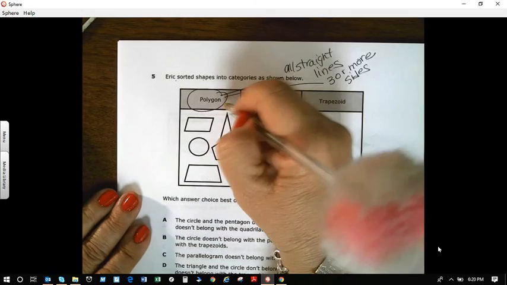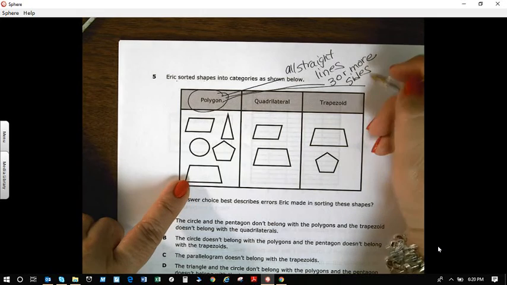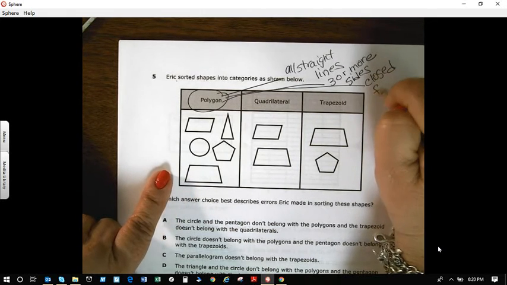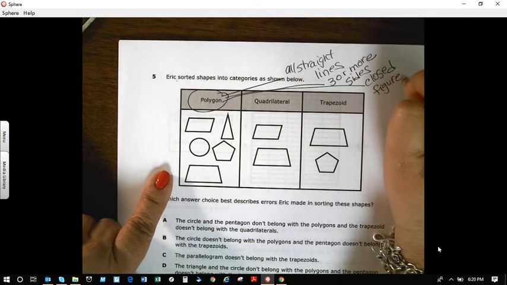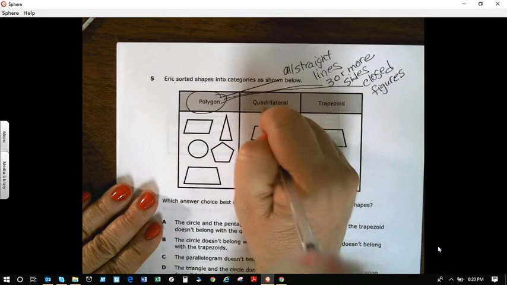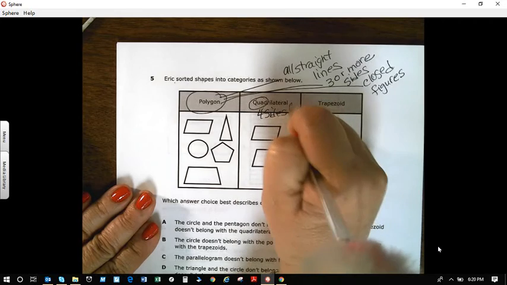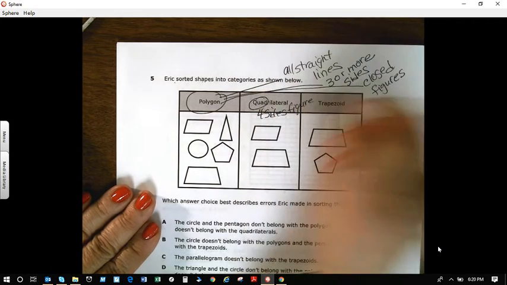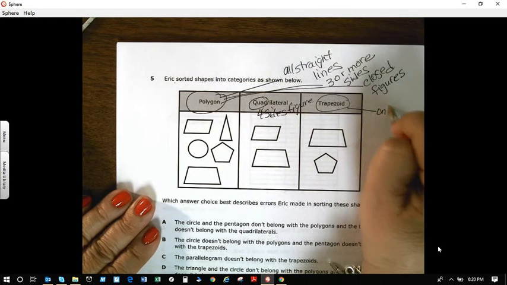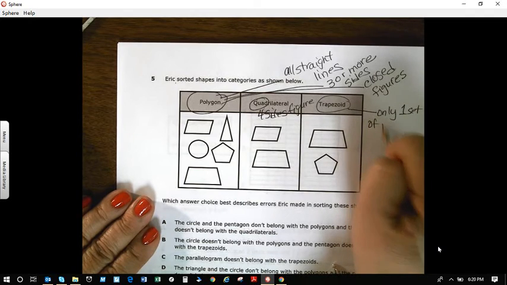Okay, we also need to know that a polygon is a closed figure. So all the sides connect. A quadrilateral is a 4-sided figure or shape. A trapezoid has only one set of parallel lines.